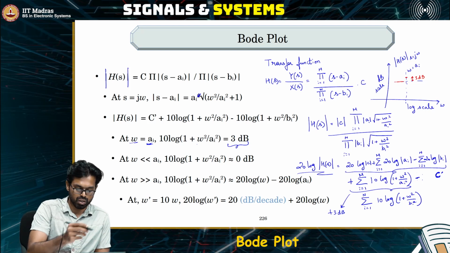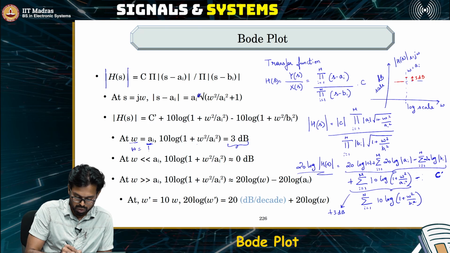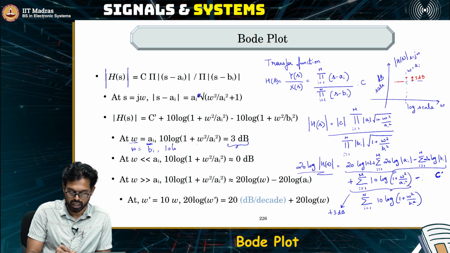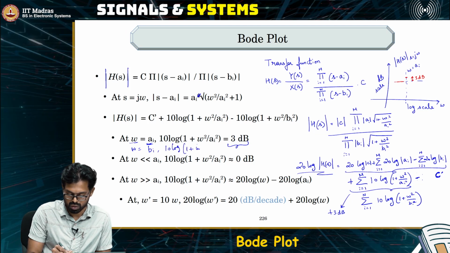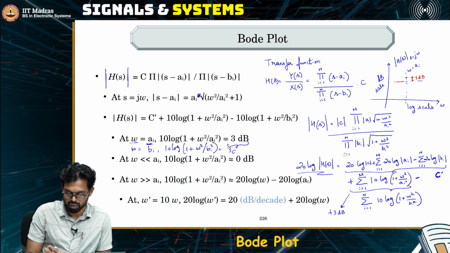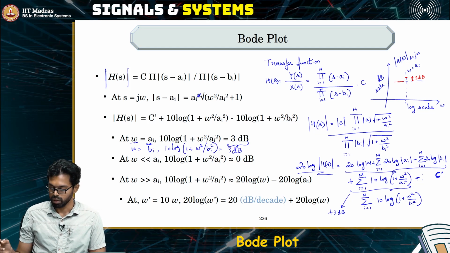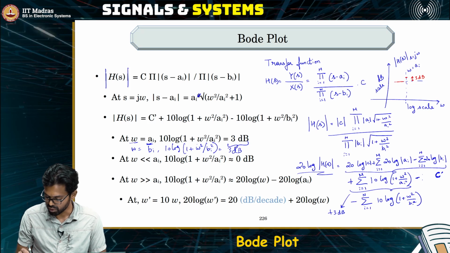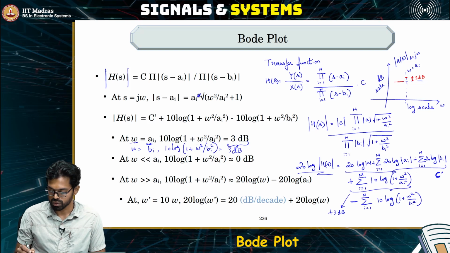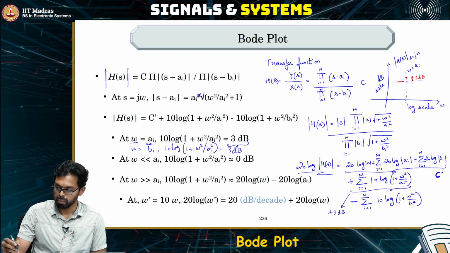Now what if we compute what happens at omega equal to bi? Once again, 10 log of 1 plus omega squared by bi squared gives 3 dB, but we would have a minus here because this is in the denominator. Because of that minus, we get minus 3 dB.